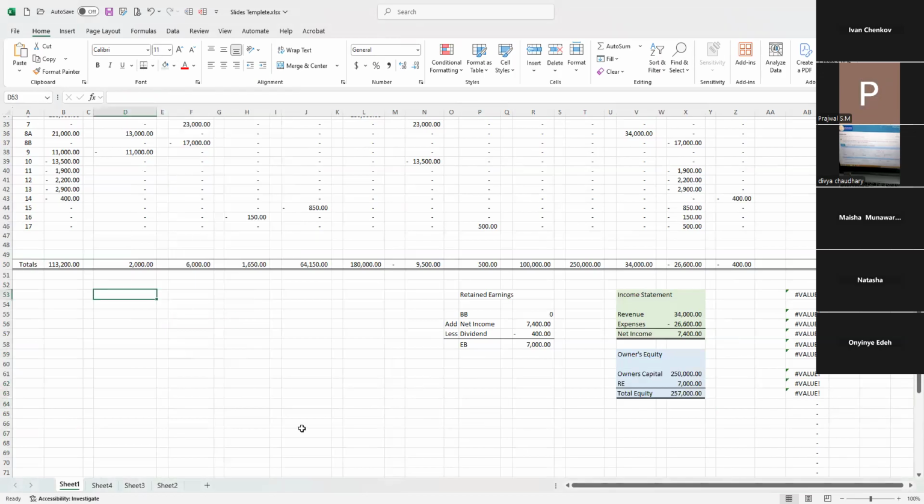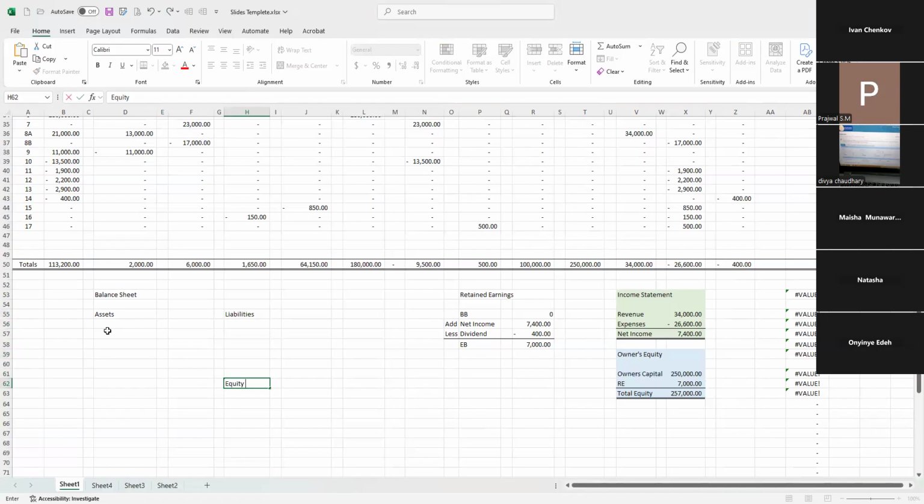What's the last thing that we have to prepare? The balance sheet. What are we going to have on the balance sheet? We're going to have assets, liabilities, and somewhere here we're going to have equity.